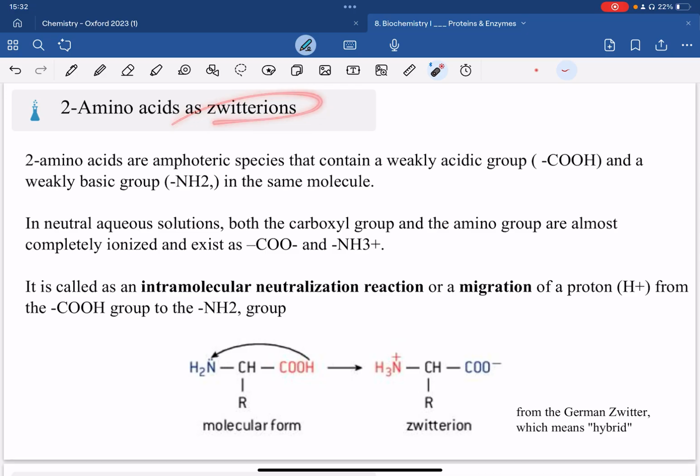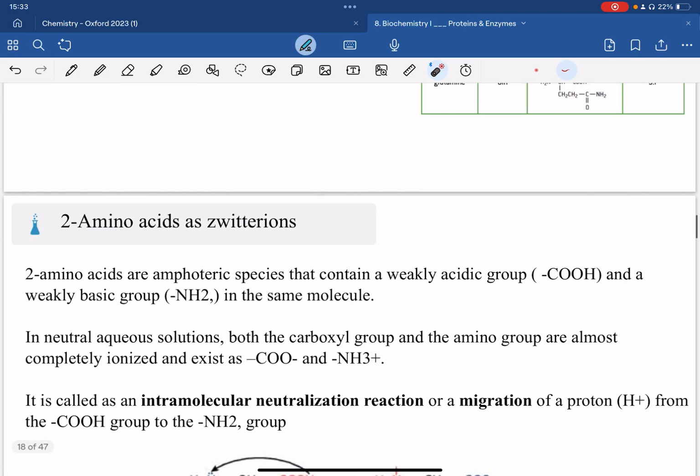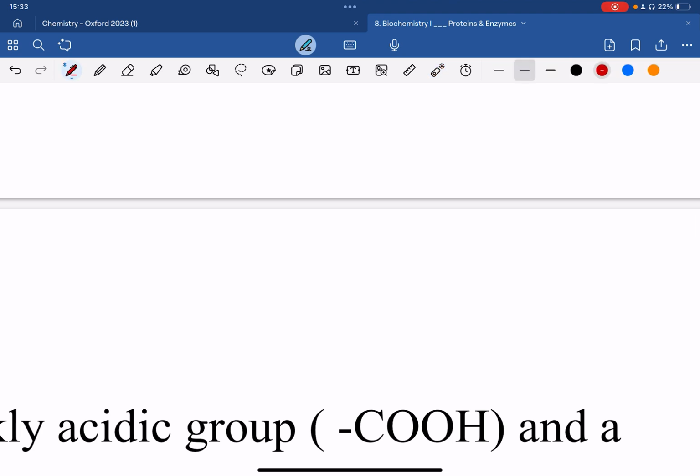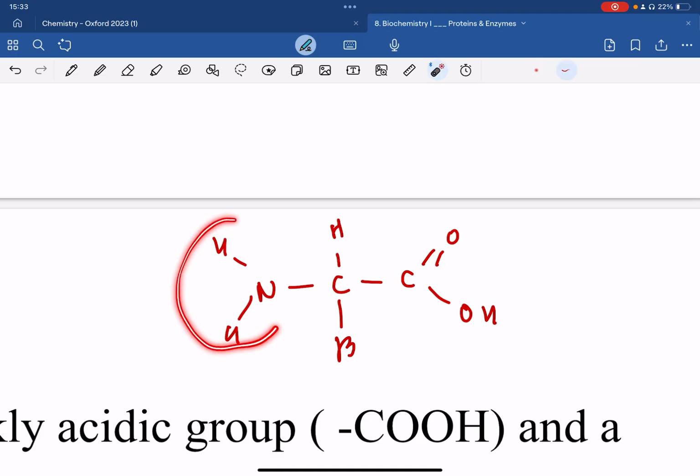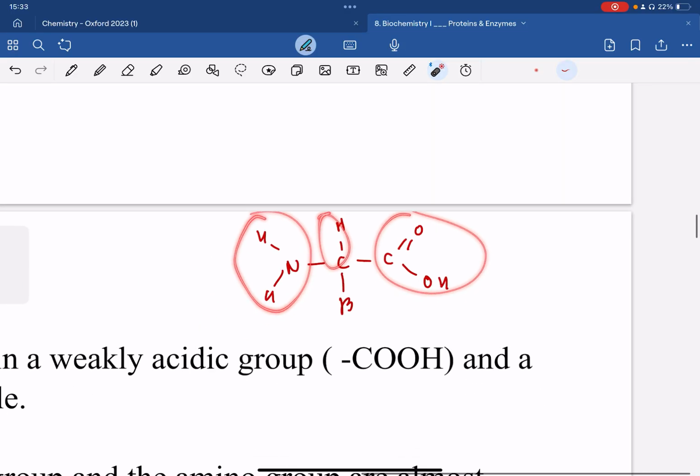As you can see, we have all the amino acids. The backbone of all amino acids contains NH2, CH, COOH, with the R group.